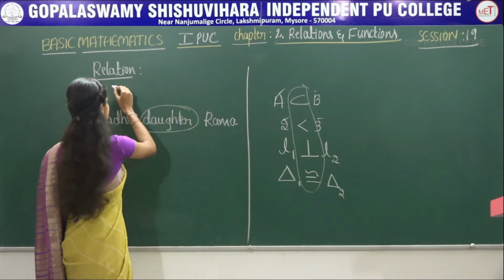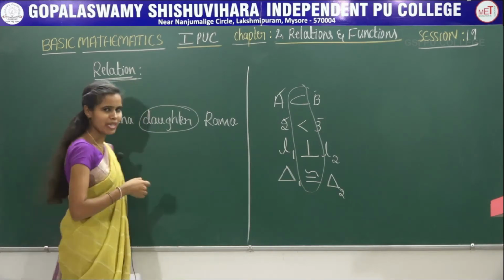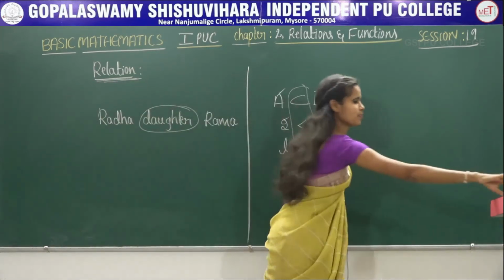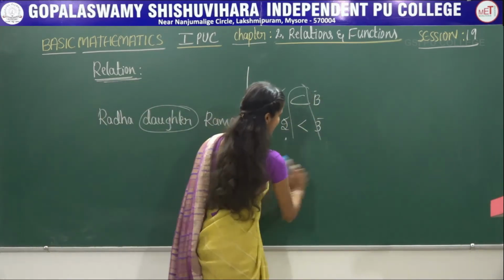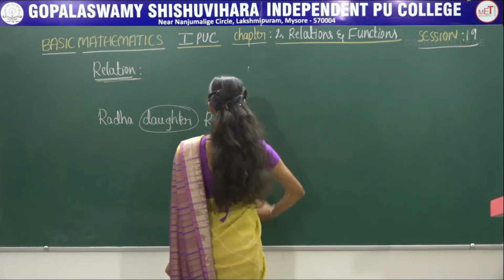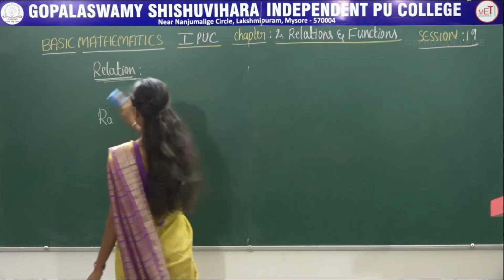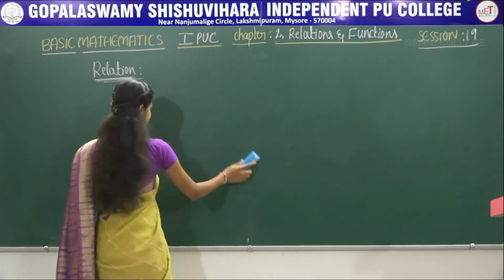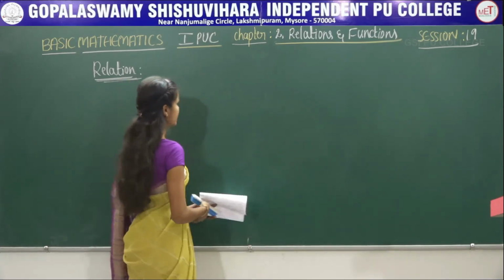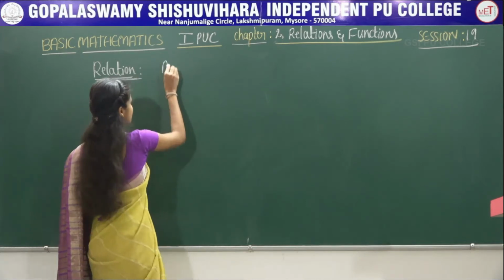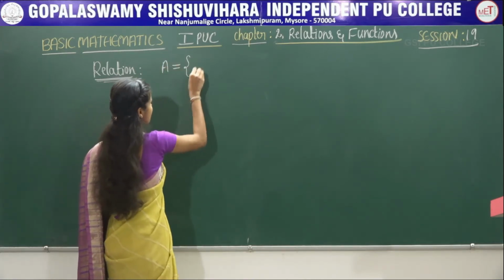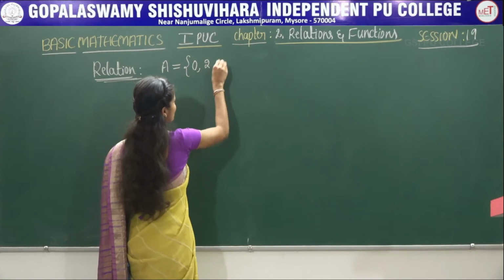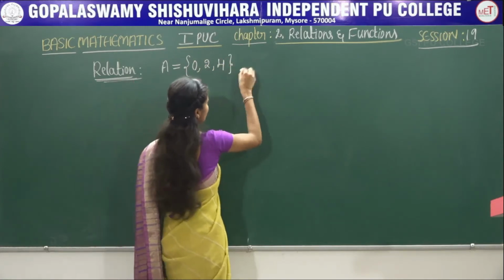Now let us understand this concept of relation by considering an example. First consider two non-empty sets A and B. A is the set of elements 0, 2, 4.